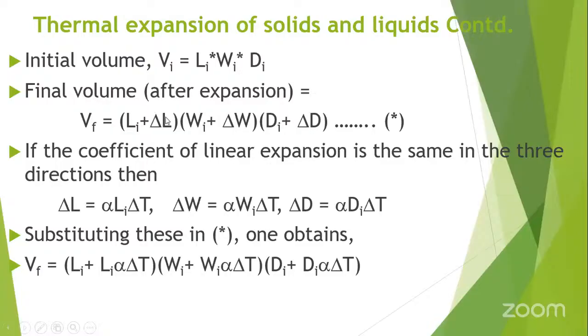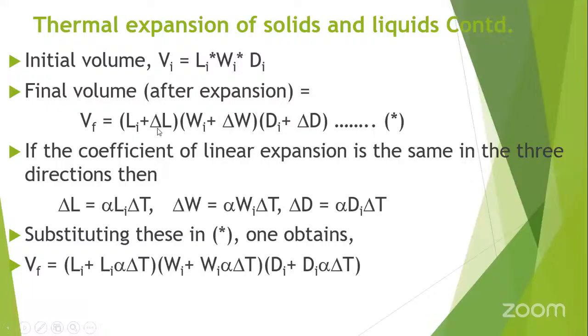You know delta L is equal to alpha Li delta T. So also it will be alpha Wi delta T. It's just the letter that is changing. For length it is Li, for width it is Wi, for depth it is Di. So wherever I see delta L, I will put this in there.